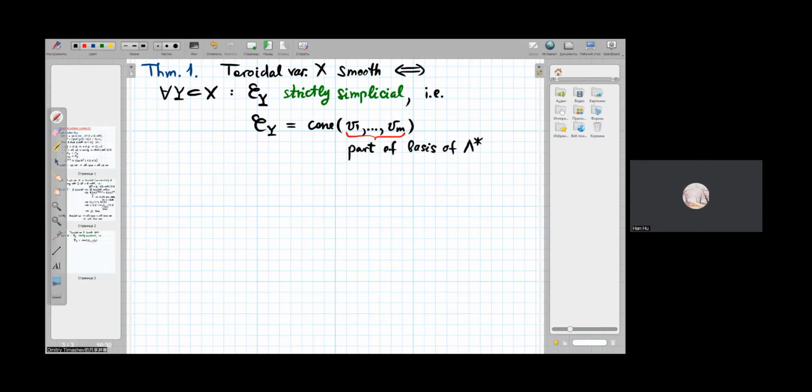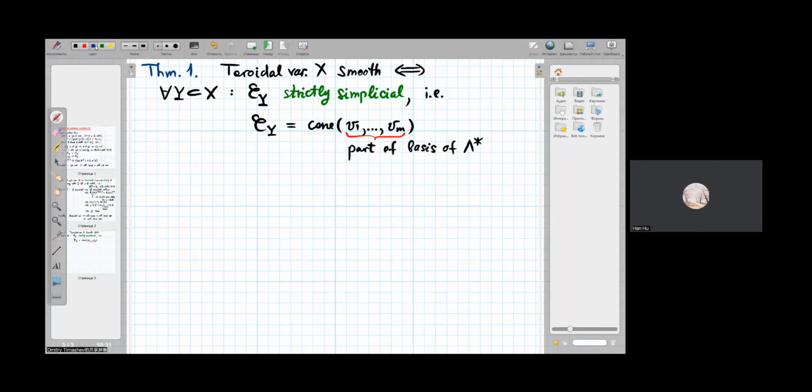So that these vectors are linearly independent means that this cone is simplicial. It is generated by linearly independent vectors. And strict simpliciality means that these vectors are not just linearly independent, but they can be completed to a basis of the dual weight lattice. This means strictly simplicial. So this condition is easily verified. It is an efficient criterion for smoothness of a toroidal variety.